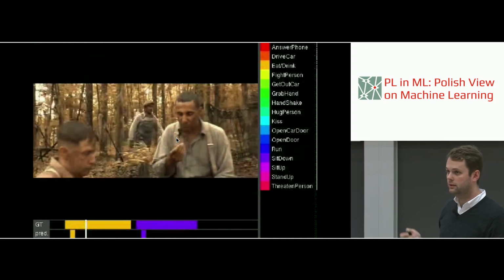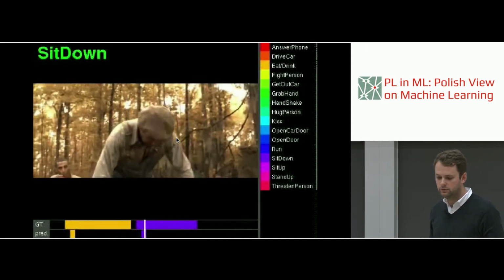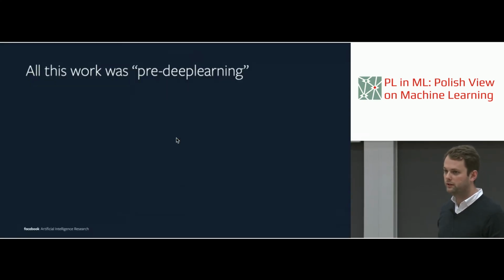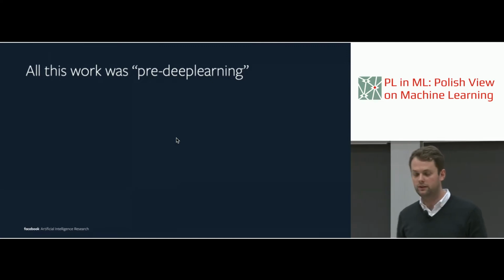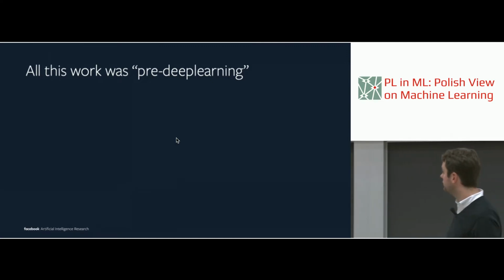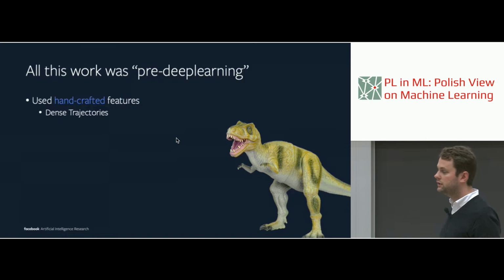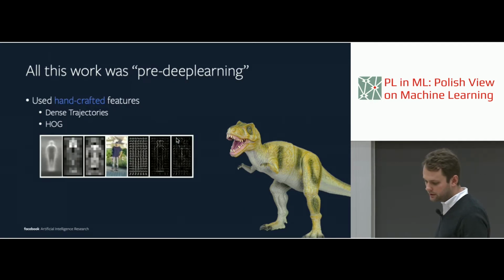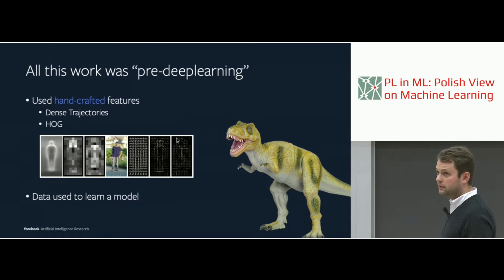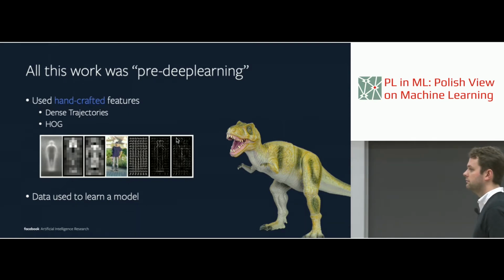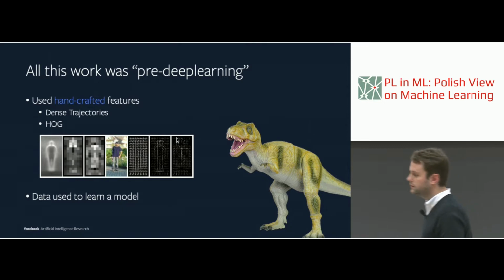So all this stuff that I described up to now was pre-deep learning. So in this video recognition work, we were using handcrafted features. Dense trajectories, histograms of oriented gradients, and the data was only there to train a linear model on top of handcrafted features.